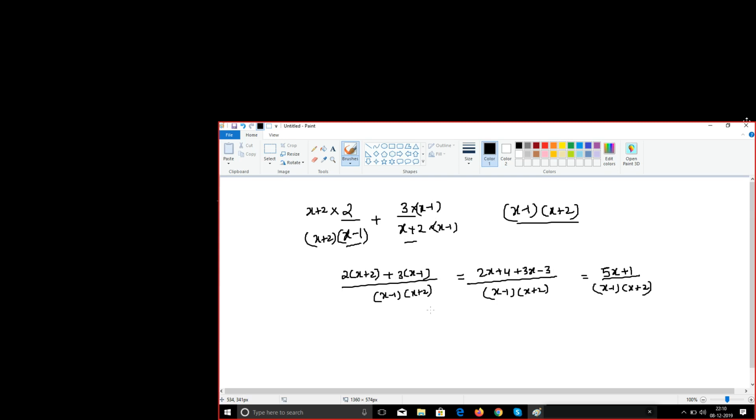Is this clear? Yes. So I'm giving you a question: 2 divided by y plus 4 plus 3 divided by y minus 2. Solve this one.